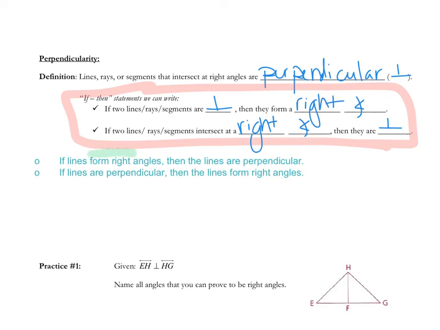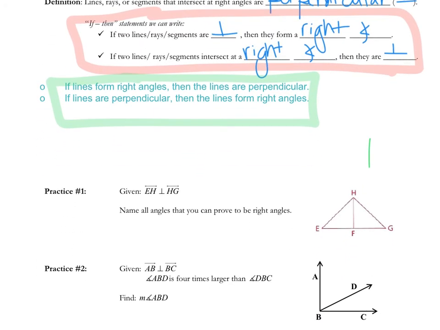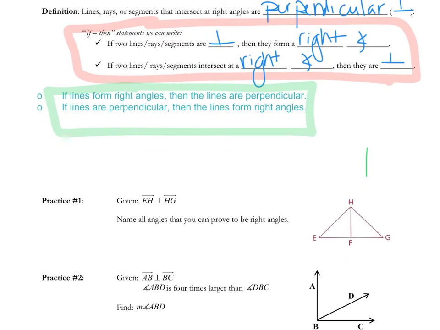Okay, and then two more definitions. If lines form right angles, then the lines are perpendicular. If lines are perpendicular, then the lines form right angles, which is kind of basically what we just said. All right, so the first thing we're going to do is just actually practice what we can prove, and practice some arithmetic with this stuff. So it says line EH, which is this line right here, is perpendicular to HG.